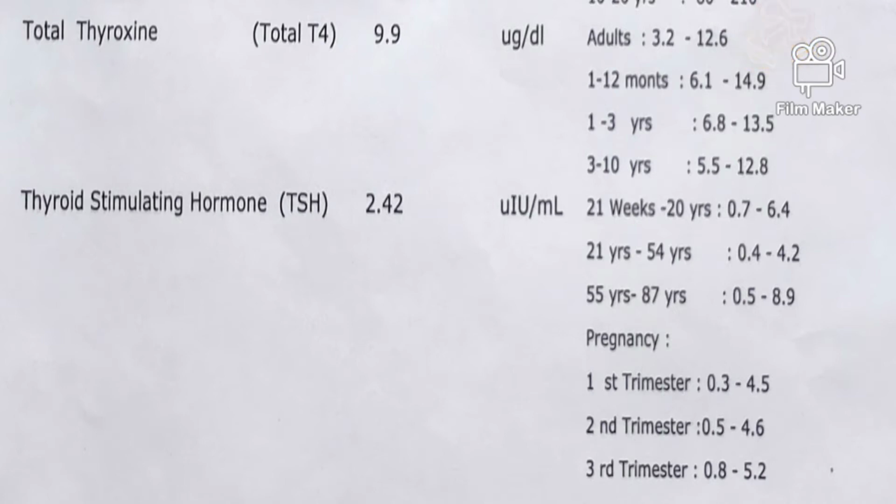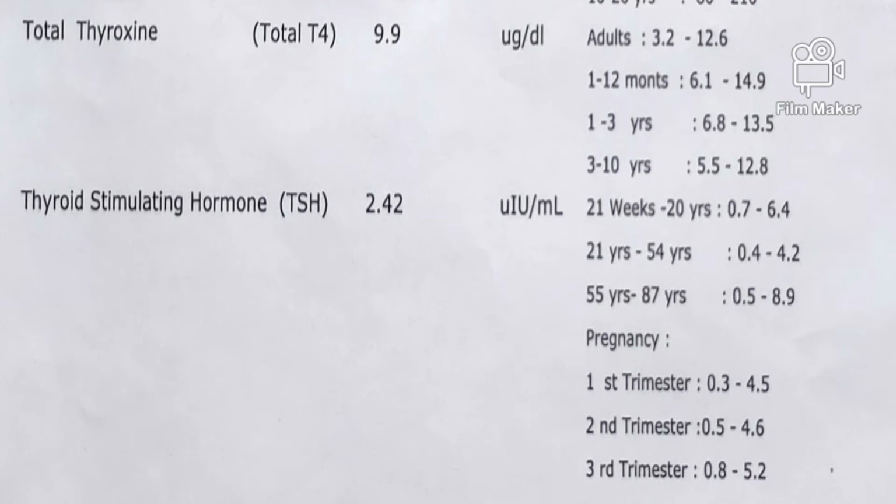For babies of 1 to 12 months old, T4 levels are 6.1 to 14.9. For 1 to 3 years children, T4 levels range from 6.8 to 13.5. And for 3 to 10 years old children, T4 levels are 5.5 to 12.8. This is all about the T4 levels and their normal values in different age groups.